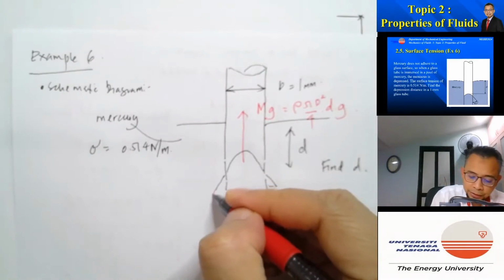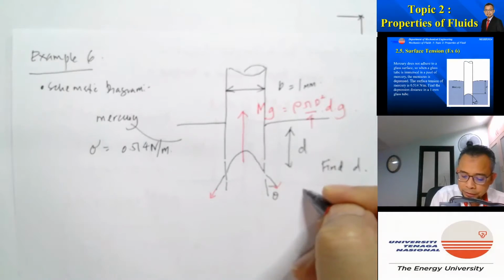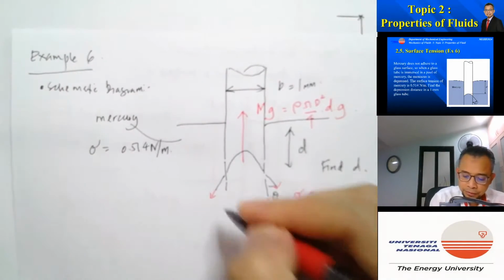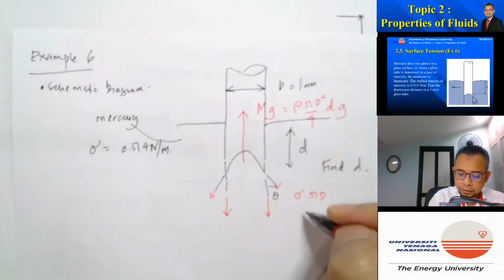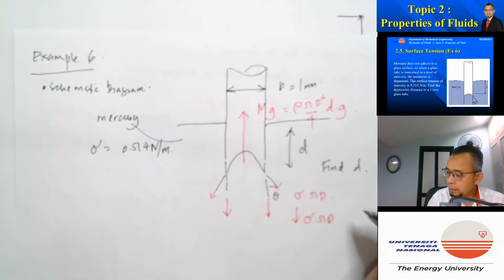The force acting here is sigma pi D, and the component acting downward is sigma pi D cos theta.